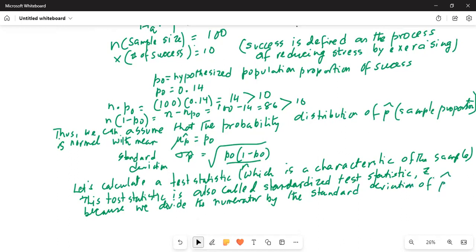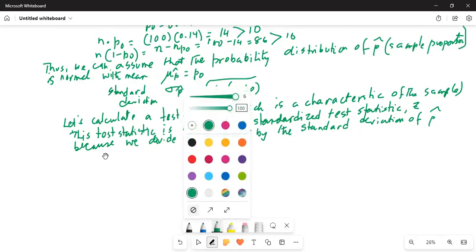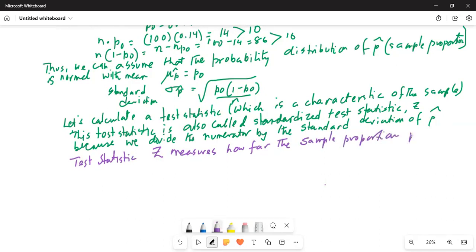So the test statistic Z measures how far the sample proportion P hat is away from the hypothesized population proportion P0.